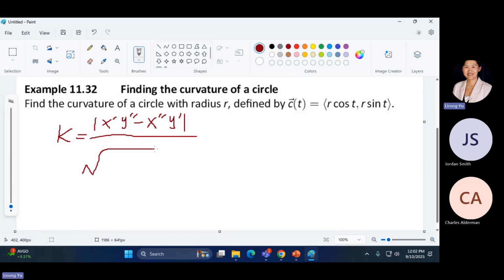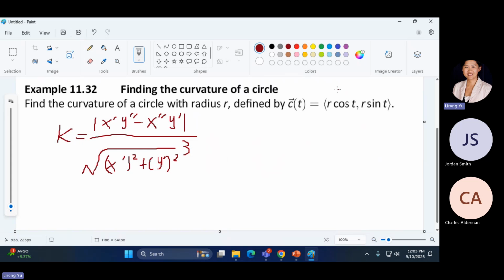The denominator is the magnitude of the derivative vector: x prime squared plus y prime squared, with parentheses, and then this is cubed. These are all derivatives, not powers of 1. Right, so that's my way of representing the curvature formula.